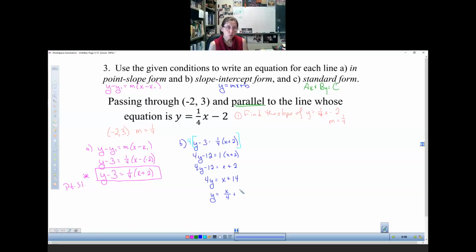And I'm literally going to write 4 under each piece, and then we'll simplify this. Most of the time, we prefer to write this as 1/4 x, and then 14 over 4 simplifies to 7/2. And this is the answer to part B. This is my slope-intercept form. Okay. Right?